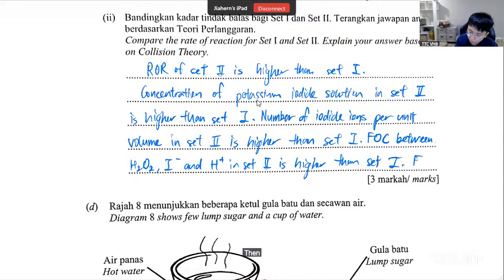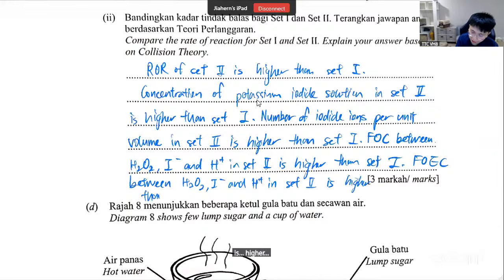Then finally, FOEC between the same particles, H2O2, I minus, and H plus in set 2 is higher than set 1. Okay, so hopefully with this full essay answer, when they come out 5 marks, you can use the same idea.